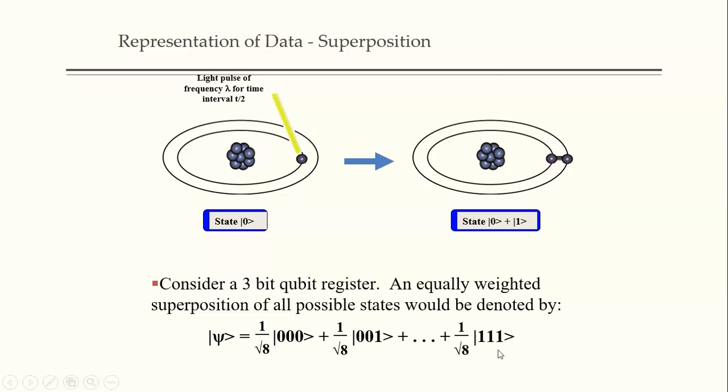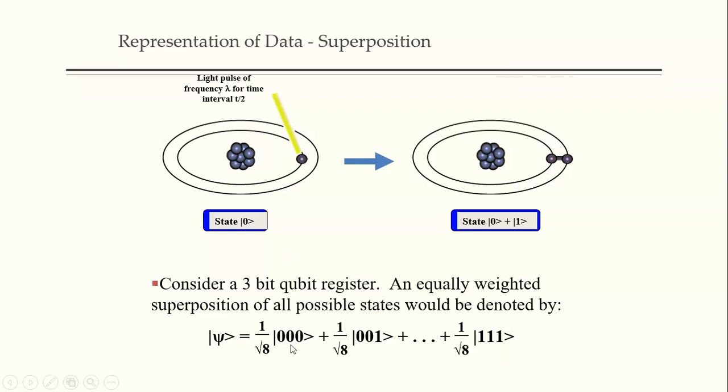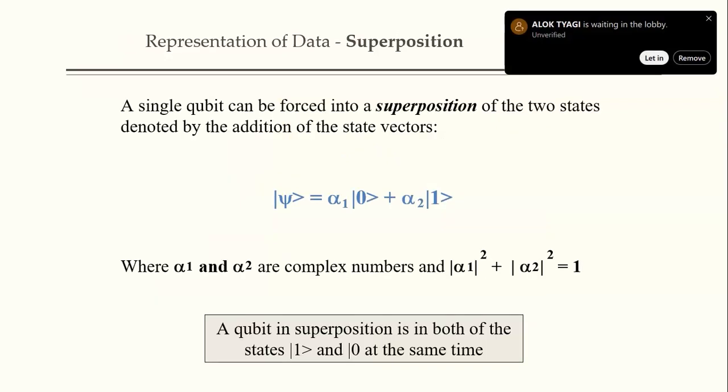So there will be 8 states, from 0 to 7. So |psi> = 1 by root 8 |000> + 1 by root 8 |001> plus, similarly, till 7. This is an equally weighted superposition of all possible states, which is denoted like this. So this is the superposition equation.